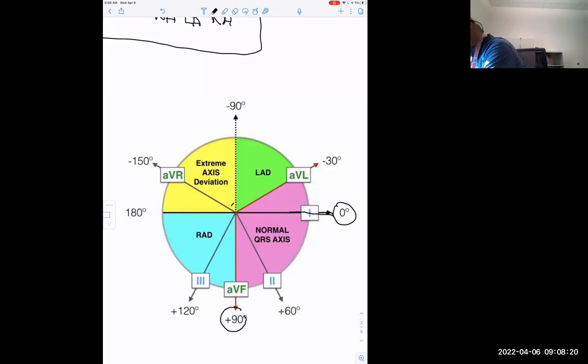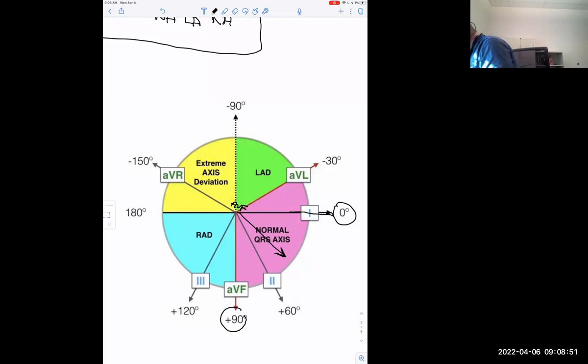Because if the AV node were up here in the center of our degree circle, that's the AV node, we remember that our vector is going to travel downward and to the left in the plane of normal axis. Okay, so that is normal axis. 0 to 90 degrees is considered normal axis.